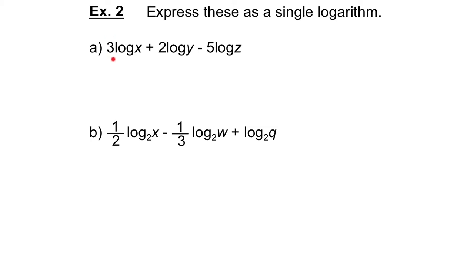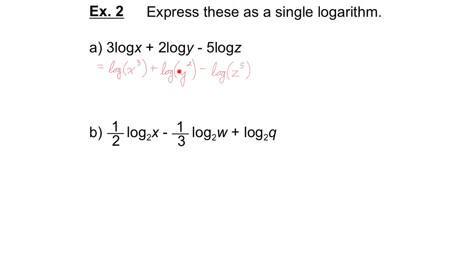That means I can simplify these into a single log. But let's go one step at a time. We have a coefficient in front, so we can work backwards. 3 log x is the same as log of x to the exponent 3. 2 log y is the same as the log of y to the exponent 2, and 5 log z is the same as log of z to the exponent 5.